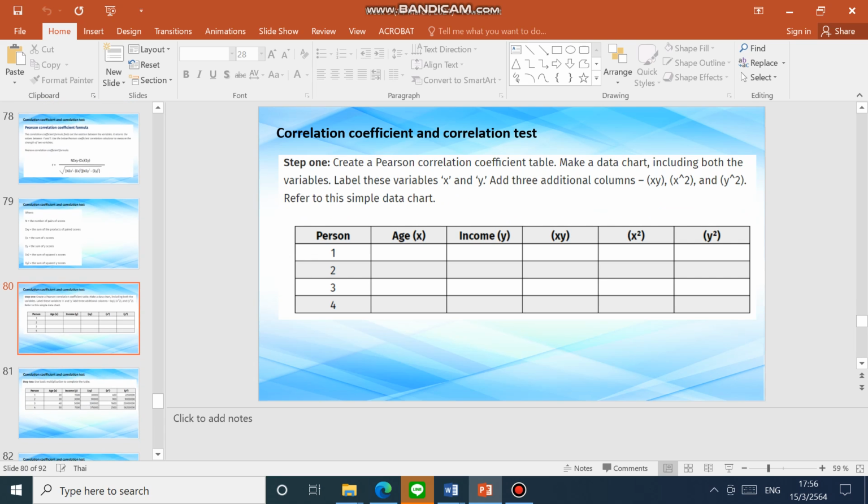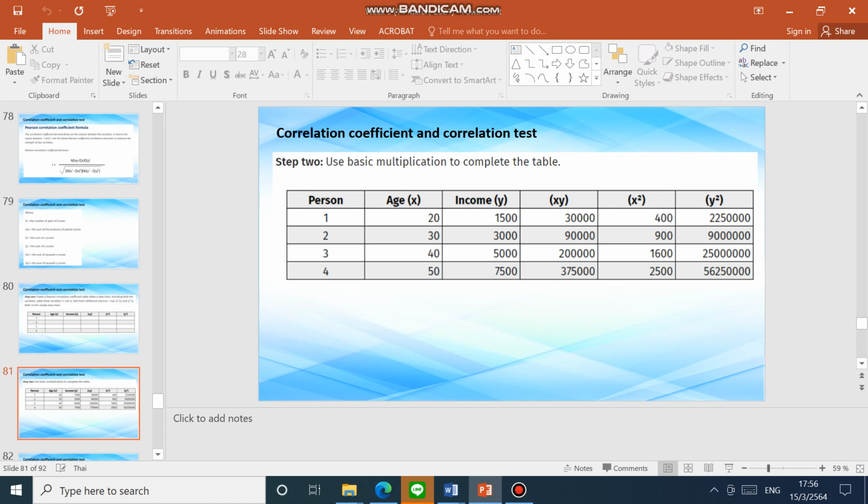It is very easy to compute a Pearson correlation coefficient. You should establish the coefficient table, R table, and then you compute it. You can enter these values into Excel and put in a very simple formula.